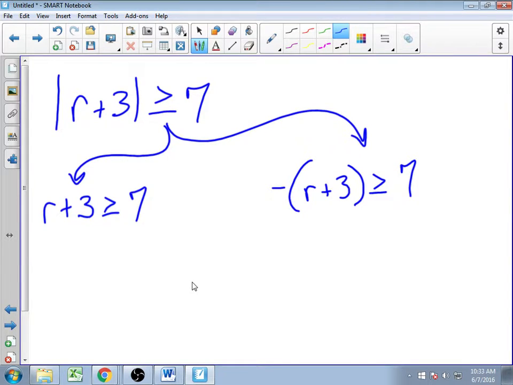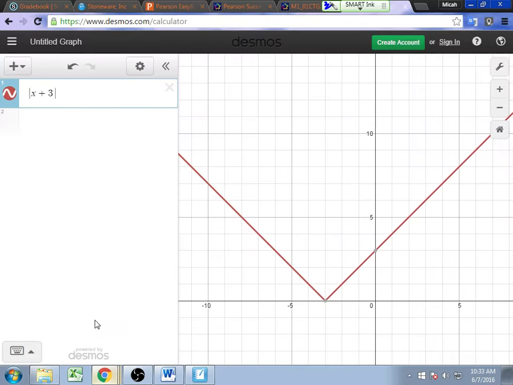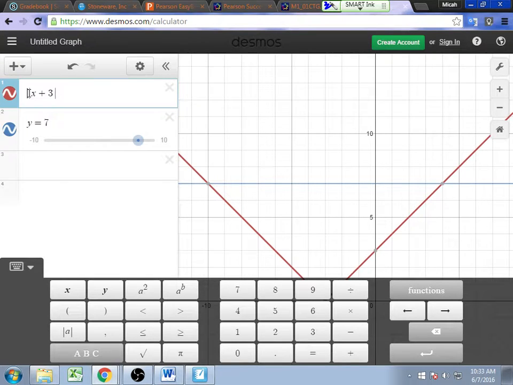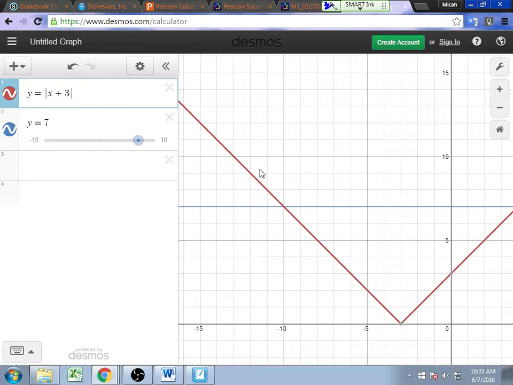Here's a really easy way to do this in Desmos, except you have to understand how to do it algebraically also. Make another function at 7. So y equals 7 is now my function. Now I can look on my graph for what values of x the absolute value of r plus 3, which I made x because we're graphing it, will work.